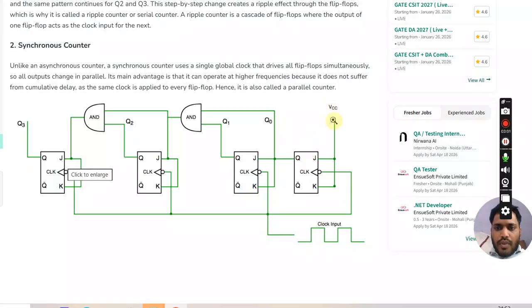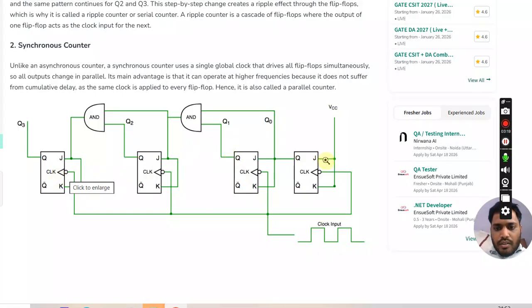But here we have a high, which is VCC, and VCC is given to both inputs, J and K. The clock input is common. It is not that there is a clock input for only one flip-flop. Clock input is there for all the flip-flops.